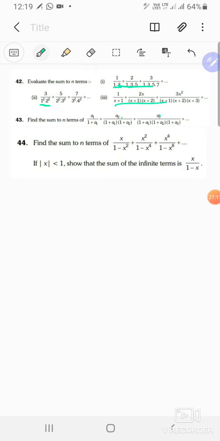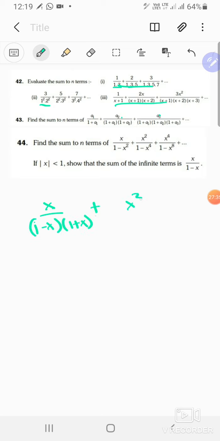I once did this kind of thing in a previous maths homework video. So what I did was write it like this. You have 1 minus x into 1 plus x.